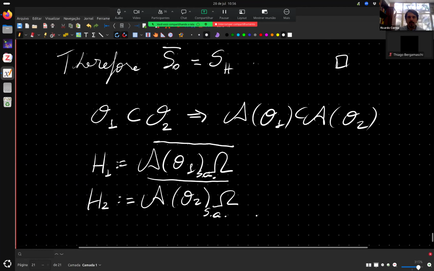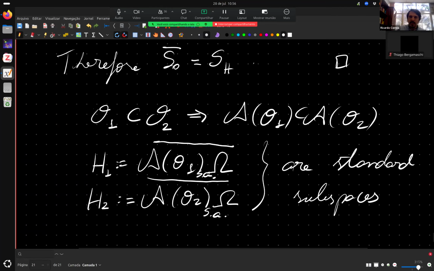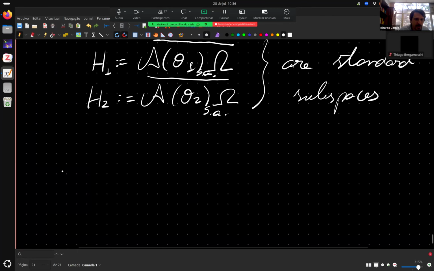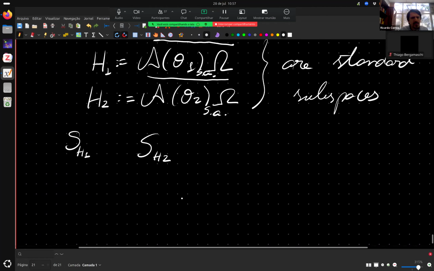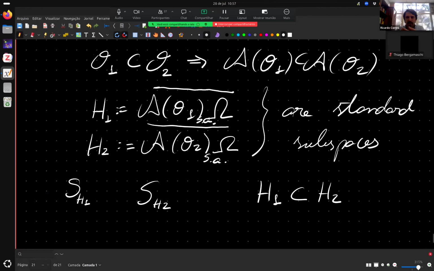So those are standard subspaces. Therefore, I have Tomita operators associated to them, S_H1 and S_H2. But notice the very interesting fact that H1 is contained in H2, just because the algebra is contained one in the other. So the Tomita operators are also an extension one of the other.